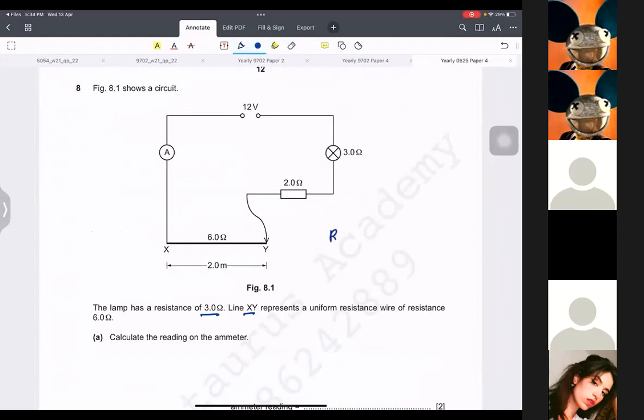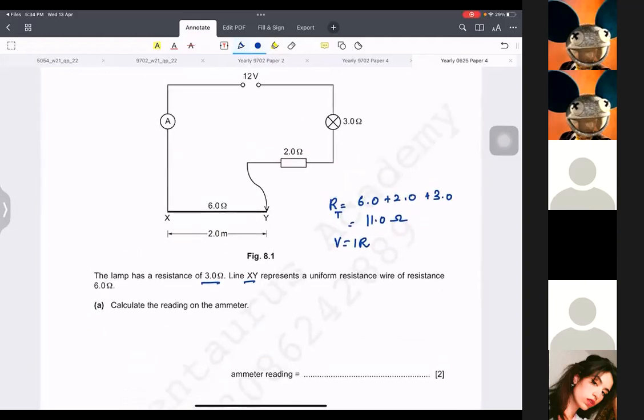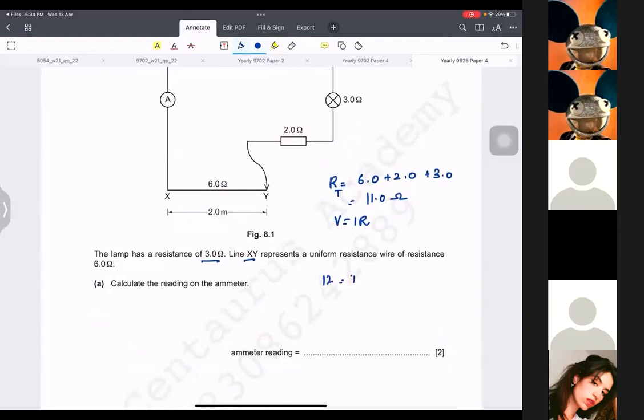So the total resistance would be equal to 6 plus 2 plus 3, that is 11 ohm. Then V is equal to IR. Total voltage is 12, total resistance is 11. So the current will be 12 over 11.